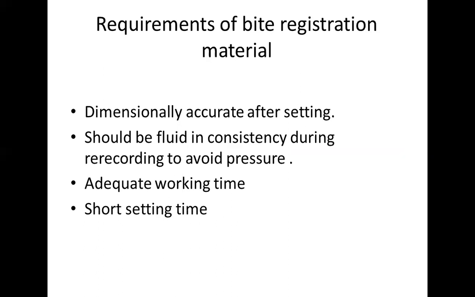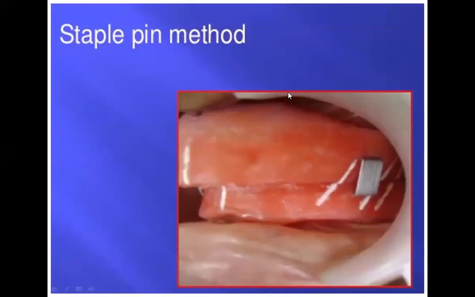Short setting time, but not so short that you are not able to control the jaw movements. It has to be half a minute to 1 minute, not more than that. If you do not have this bite registration material, you can use the staples.